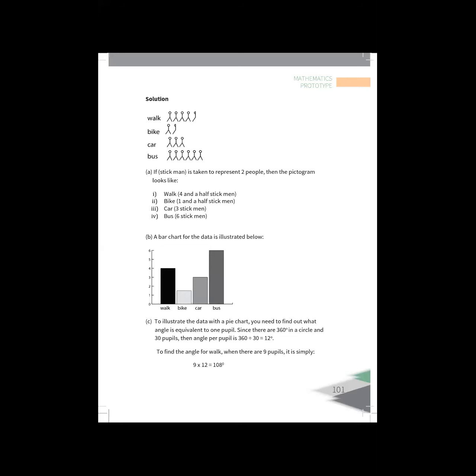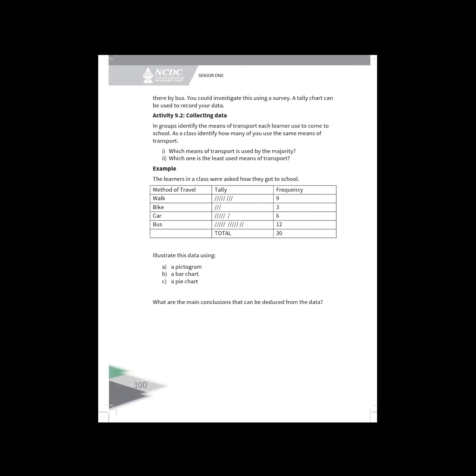The data which is independent is the one that we put on the horizontal. Like for that example, we have the modes or methods of travel, so the independent data is methods of travel.